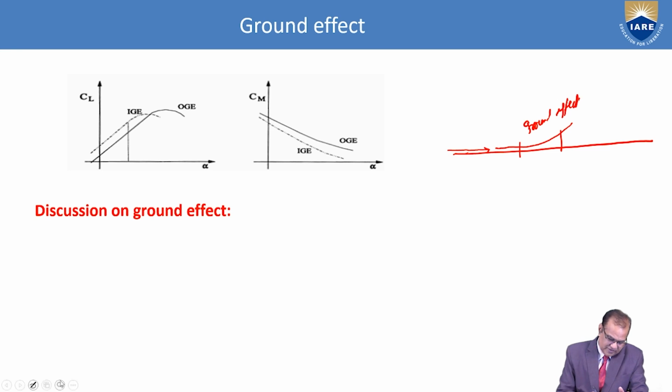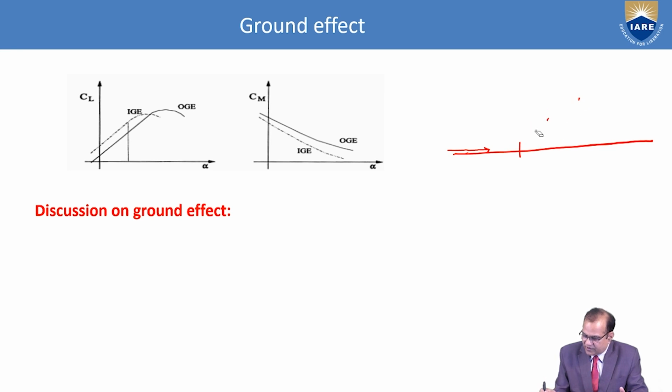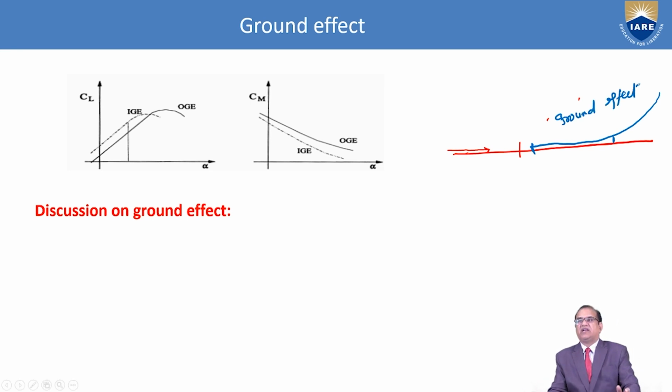And if you are landing, then also if you are landing from here, so as and when you are very near to the ground, there will be some effect on your aircraft that we are going to discuss.